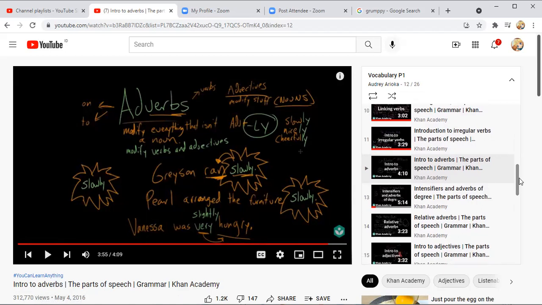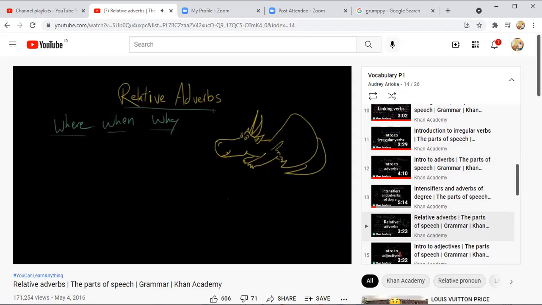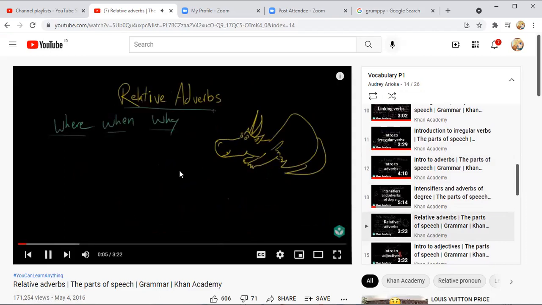Then we're going to learn about the relative adverb. Hey, today we're going to talk about three relative adverbs in English. Where, when, and why. Yeah, this is about like time, right? When, time, where, place, and why, reason. Jadinya itu adverb itu ada kata keterangan.